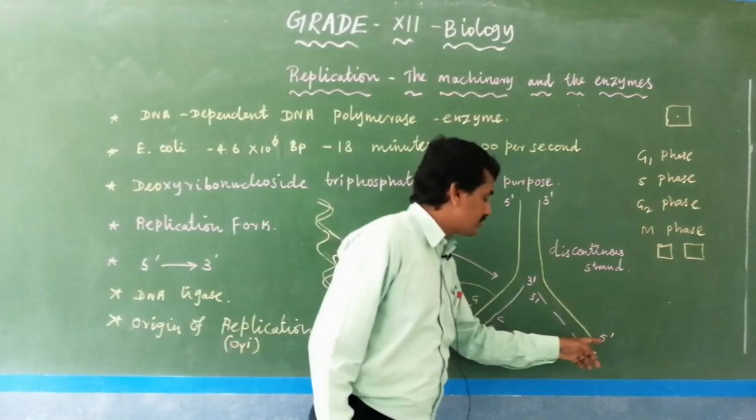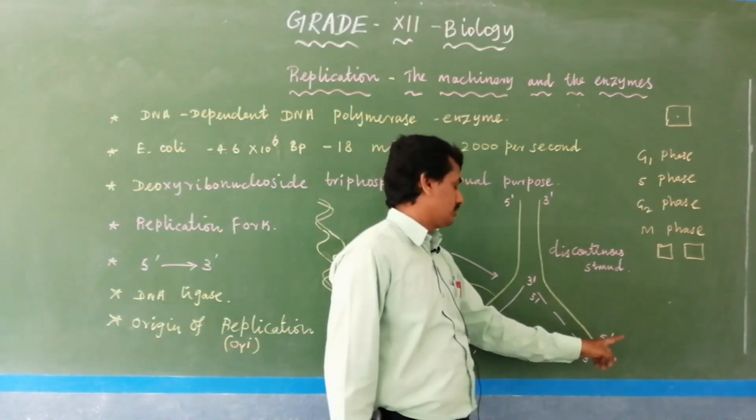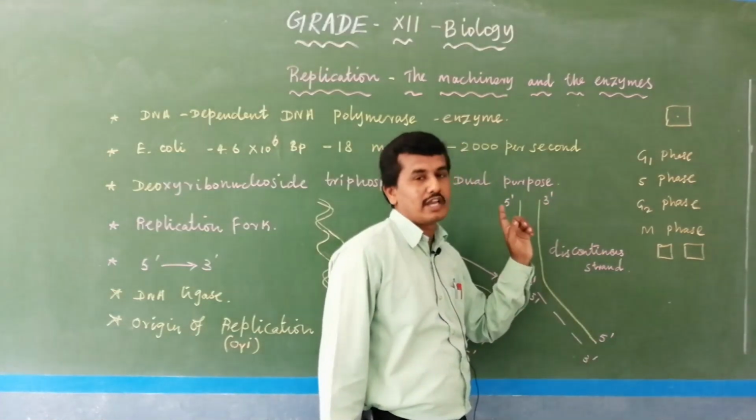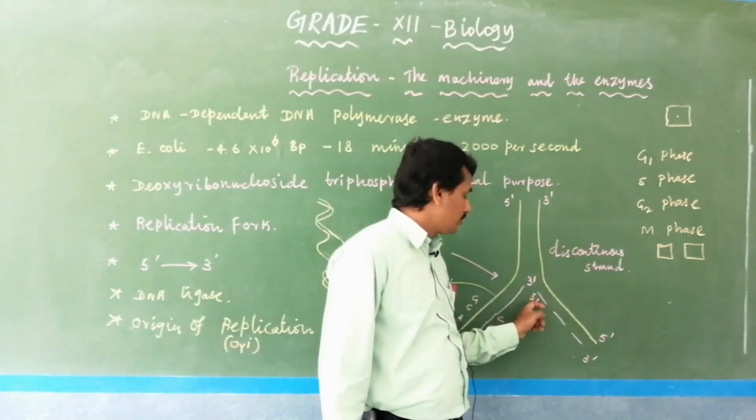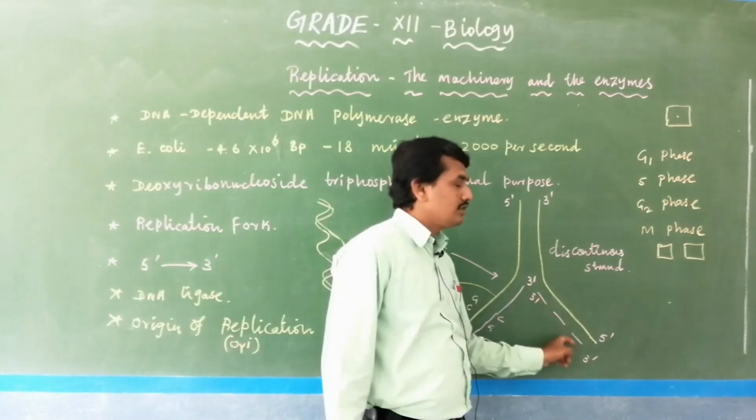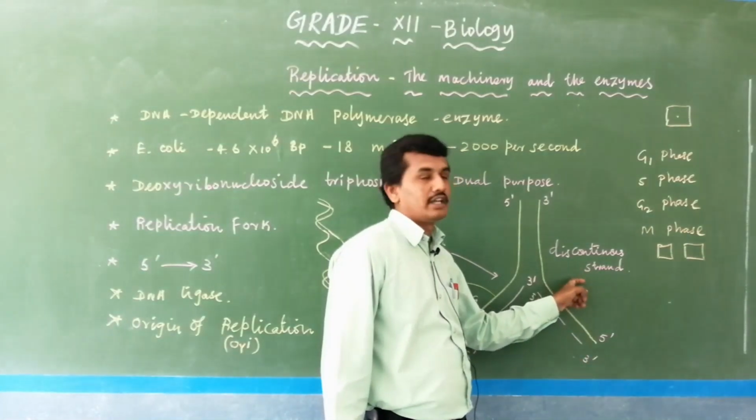But where the template strand is 5' to 3', the DNA is formed discontinuously, that is the discontinuous strand.